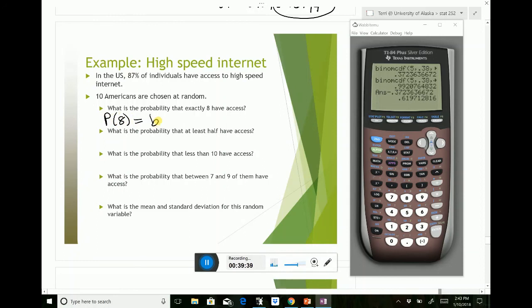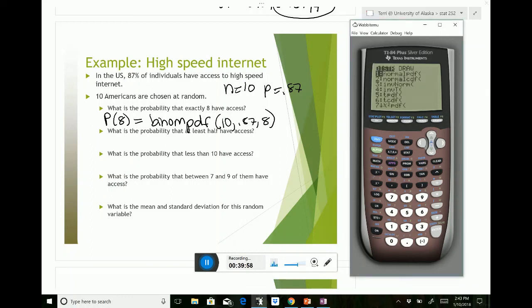So we're going to do this using binom PDF. N is 10. P is 0.87. And our number, our X or K, is 8. So we go do this, and you can also do this by just pulling alpha math.